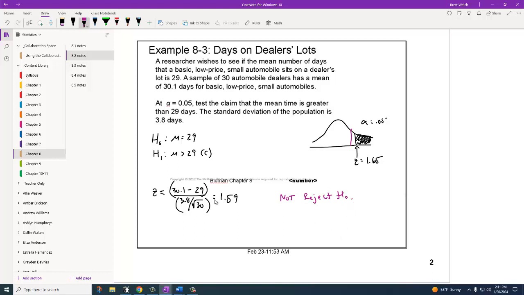We weren't in the rejection region. We're not far enough or extreme enough. So to summarize, we're going to say that there is not enough evidence to support the claim.